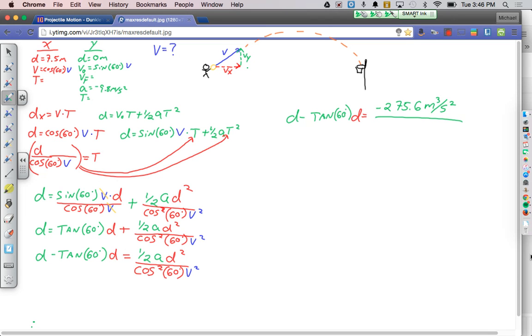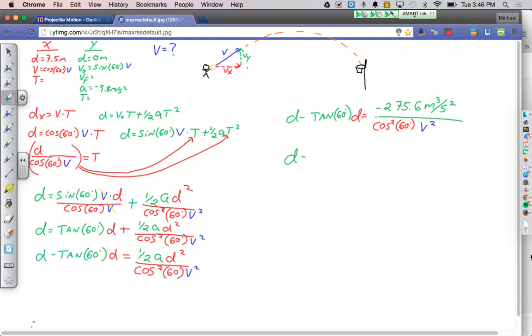And that's all still divided by, in red, the cosine squared of 60 degrees multiplied by v squared.